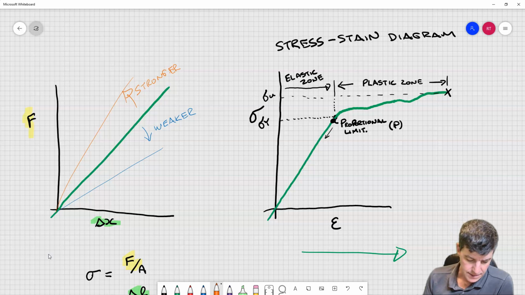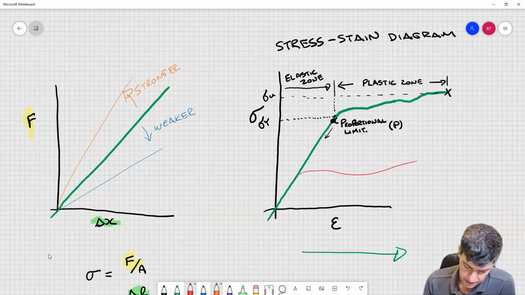And we could quantify things by looking at the slope of that line. Not just for springs where we had a slope, but we also have a slope for this line here, which is important to us.